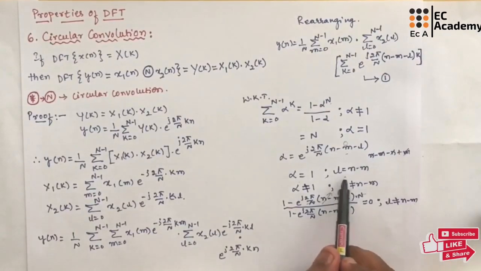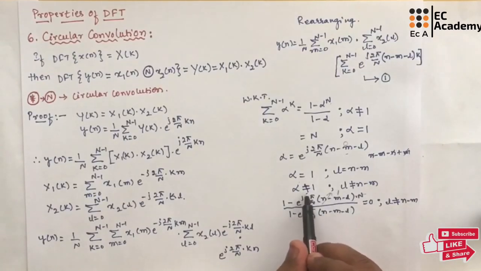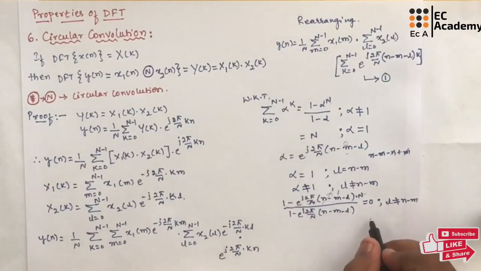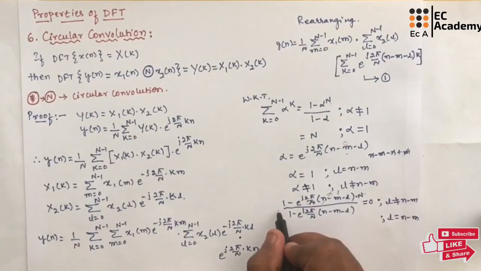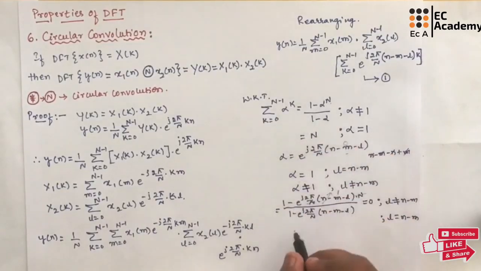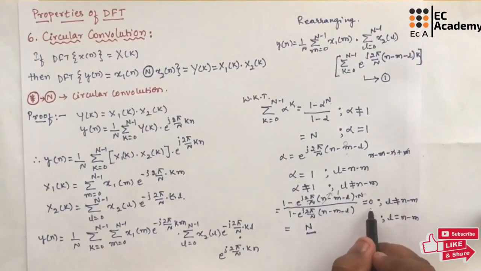So if L value is not equal to n minus m, at that case alpha value is not equal to 1. If we take L is equal to n minus m, at that case the above formula will be equal to n. So for L is equal to n minus m, we will get n. For L not equal to n minus m, we will get 0.